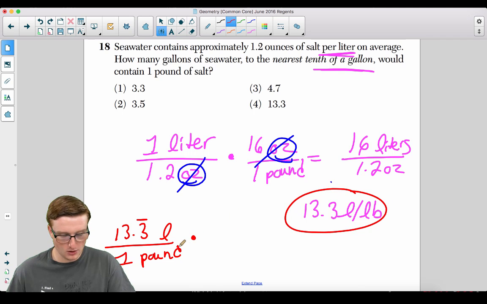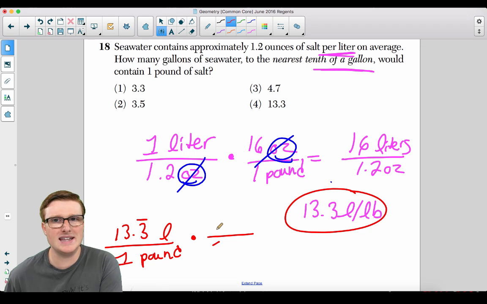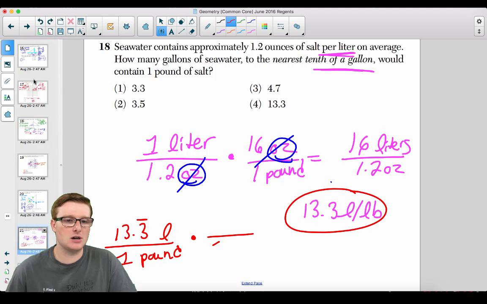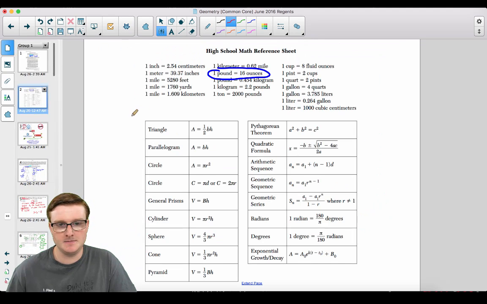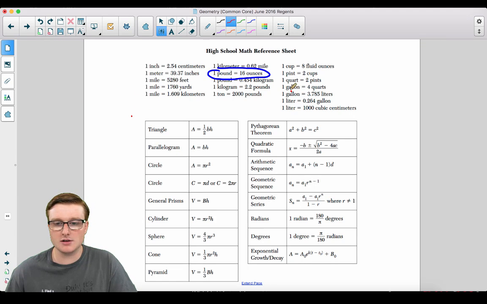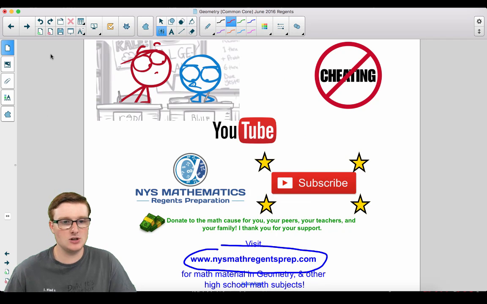Now remember, I'm going to multiply by liters in the denominator to get rid of liters. Well, how many liters are in 1 gallon? Well, if we go back to our chart here, it says that there are 3.785 liters in 1 gallon. That's important to help us.